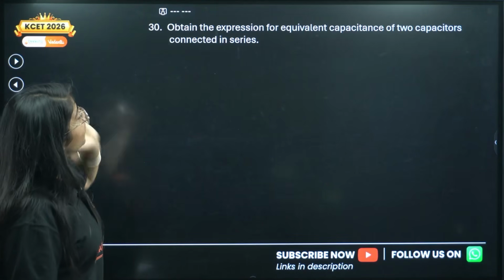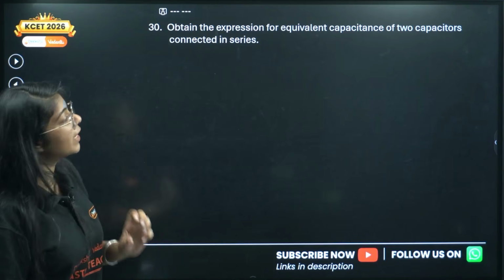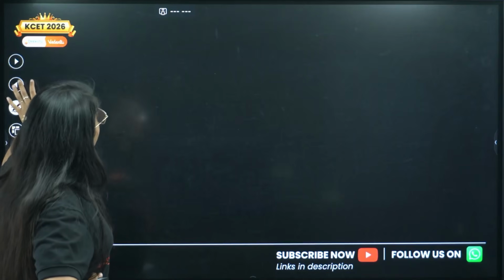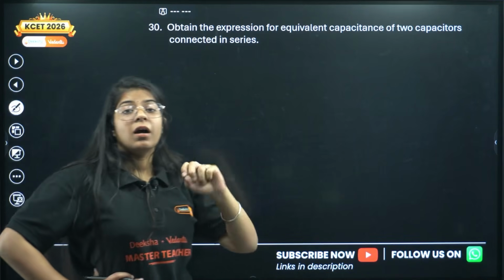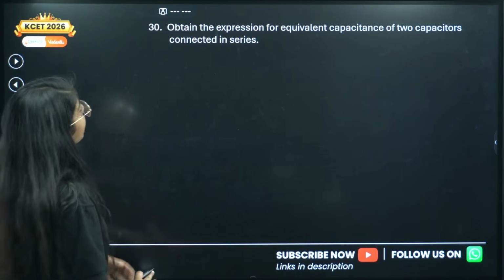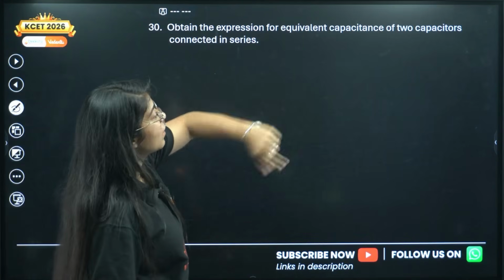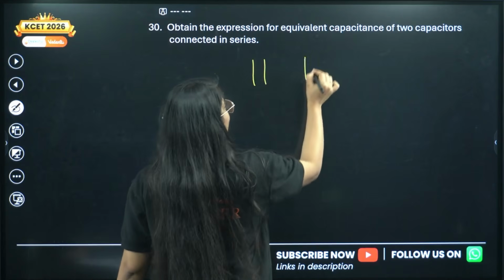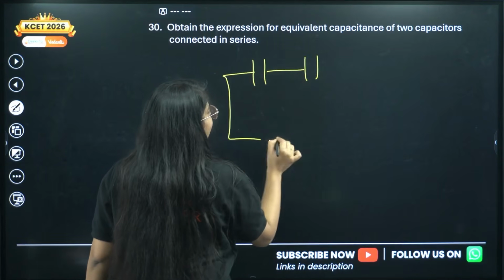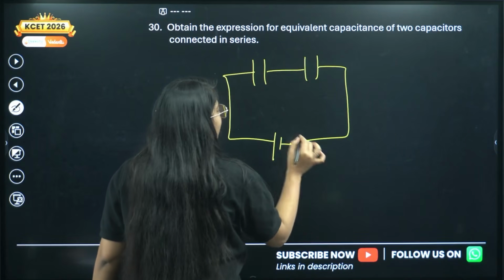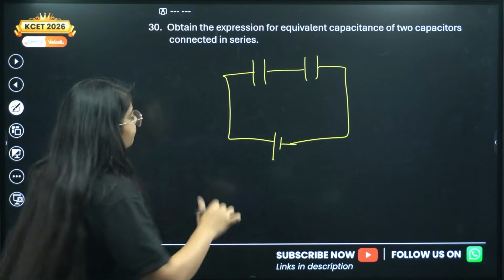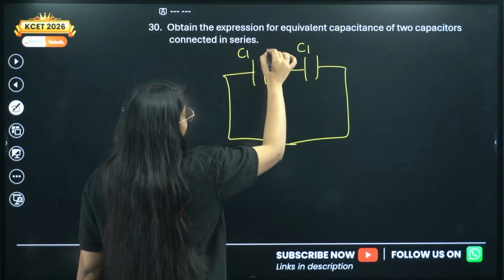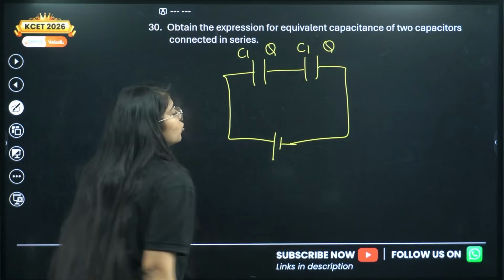Moving on, obtain the expression for equivalent capacitance of two capacitors connected in series. Now for this, you definitely need to derive the expression. So we need to find the equivalent capacitance for two capacitors connected in series. So these are my two capacitors connected in series, correct? Let's say the capacitance is C1 and C2. The charge is Q on both of these.